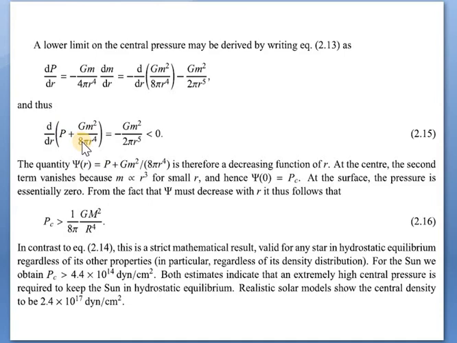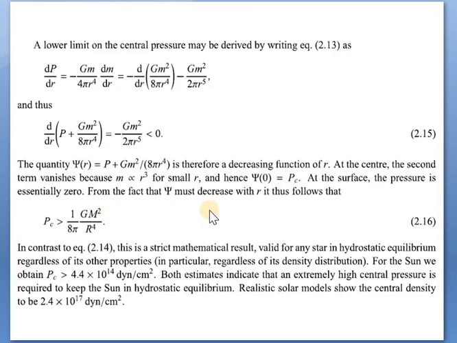At the center, the second term vanishes because mass is proportional to r cubed for small r, and hence psi at 0 is equal to the central pressure. Note that at the surface the pressure is essentially 0. We know this from the fact that psi must decrease with r. We get this relationship, so the central pressure must be greater than this value. So we get a lower limit on the central pressure.